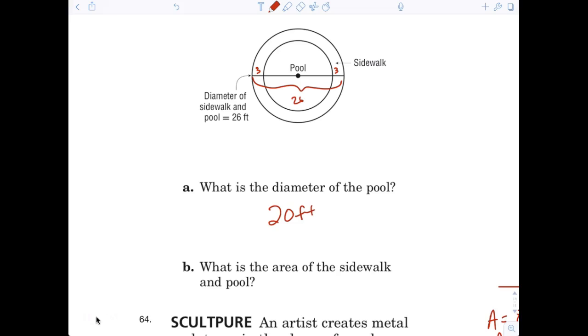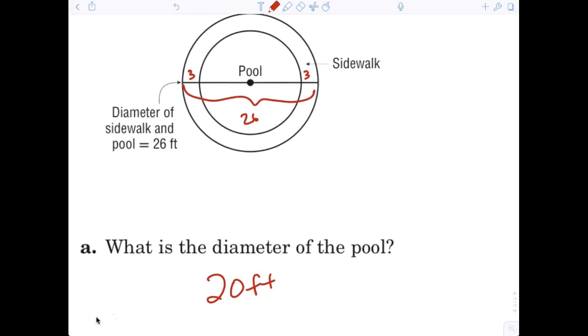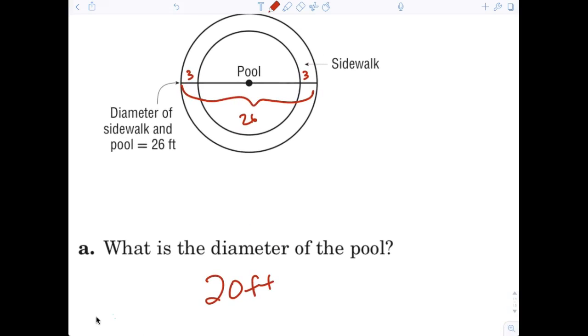To me, personally, I would have said, what's the area of the sidewalk? And then figure out what the area of the pool is. Right, but you could read it as, what's the whole area? Right, so I don't really care. So listen to me, it's not going to be that. Now, if I wanted this, the radius would be how much then?